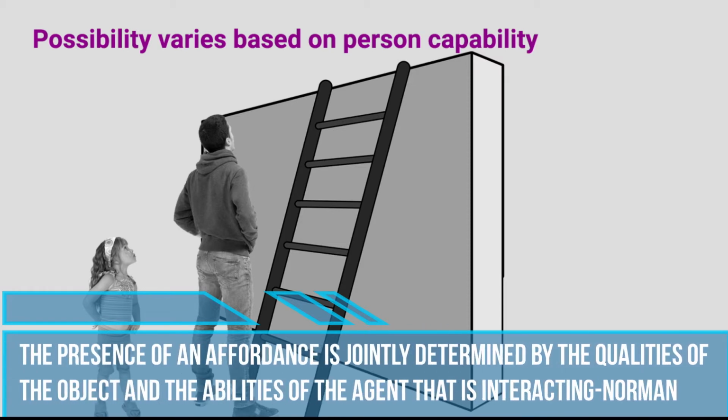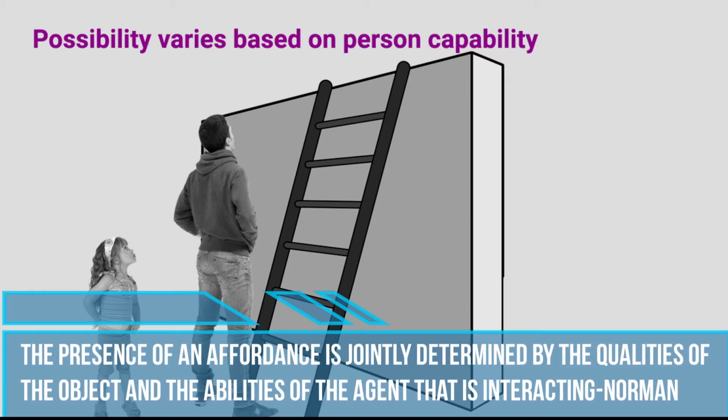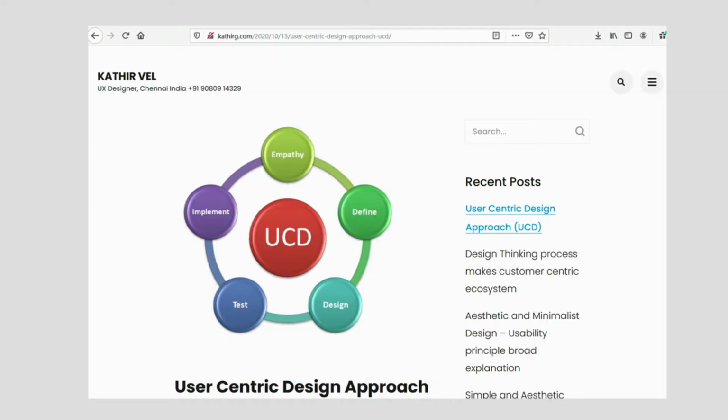So the presence of an affordance is jointly determined by the qualities of the object and the abilities of the agent that is interacting. This is the non-normal statement. In digital products, a person who is familiar with websites perceives underlined text and blue colored text as a hyperlink.